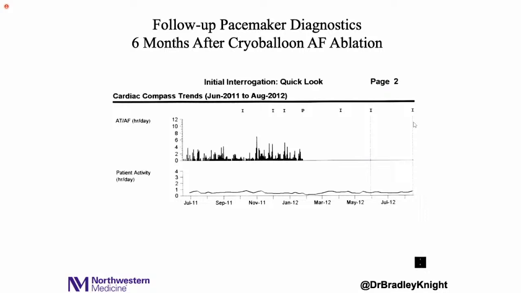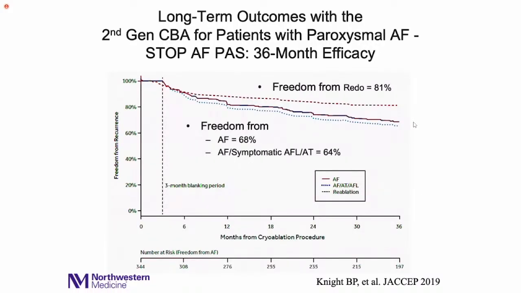So we are starting to more and more look at AFib burden, but the trials that have looked at time to recurrence include the Fire and Ice trial, which I'll talk about, and then this was the STOP AF post-approval trial, which I showed yesterday. It showed that in the real-world population, with over 340 patients at 3 months, freedom from all atrial arrhythmias was 64%.